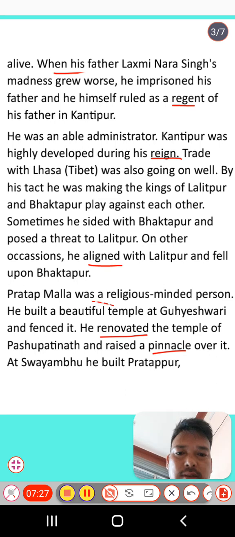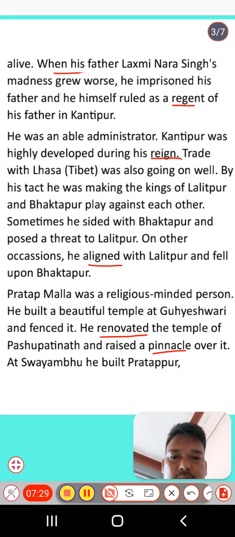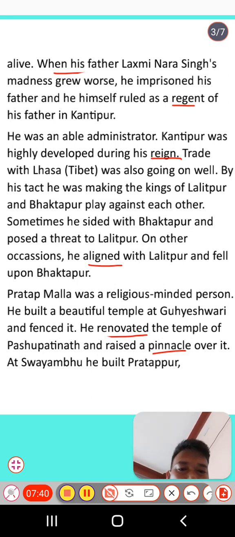Pratap Malla was a religious minded person. He built a beautiful temple at Goeswari and Panchist. He renovated the temple of Pashupati Nath and raised a pinnacle over it.